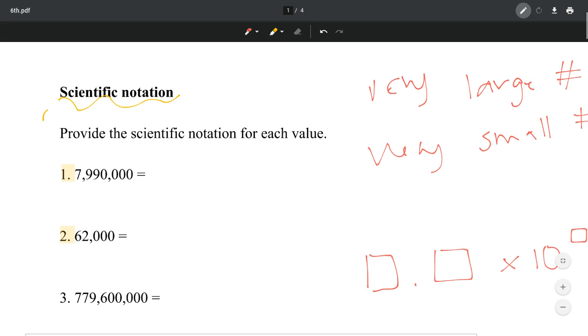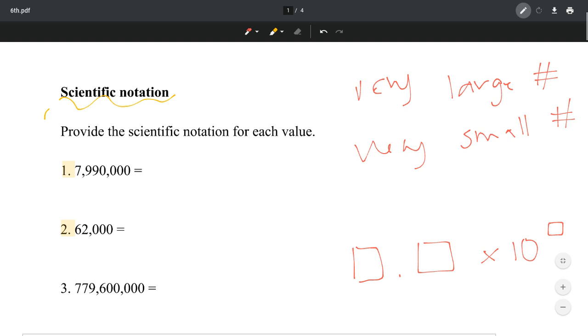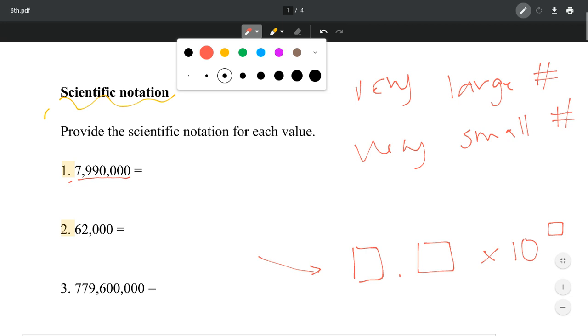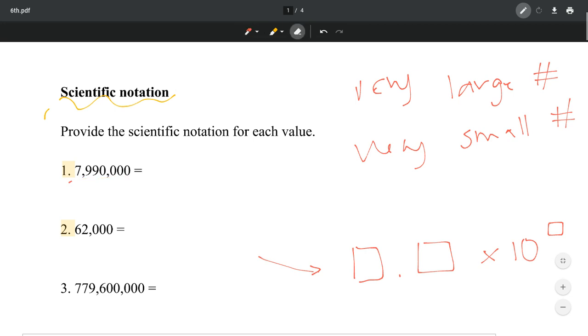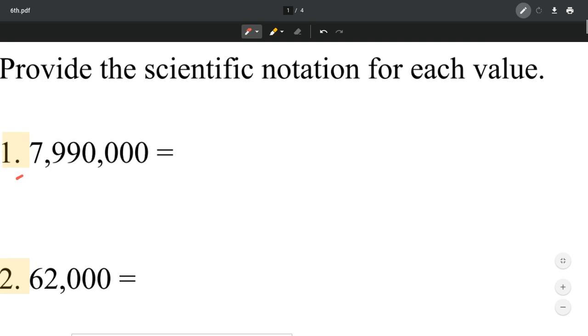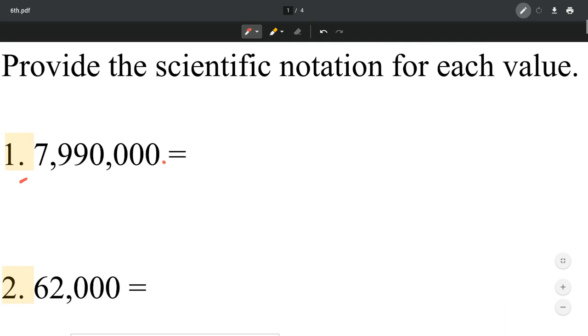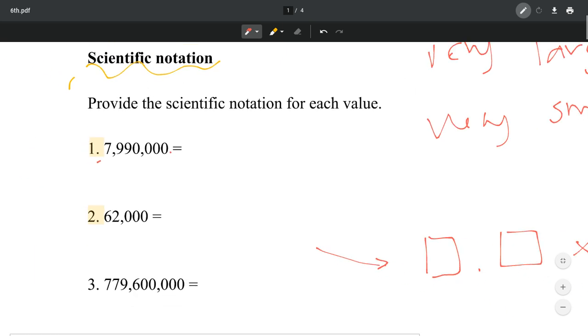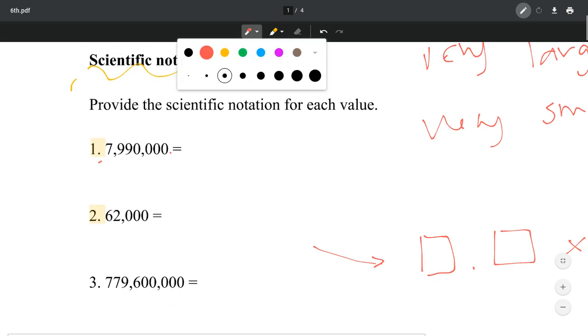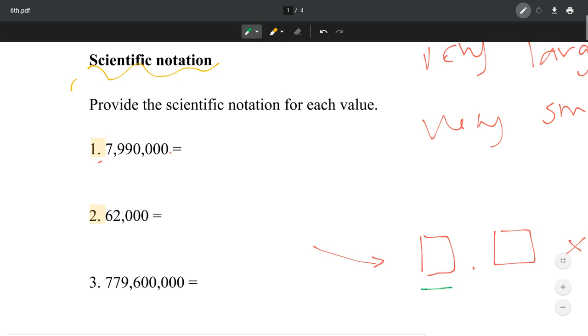Number 1. If we want to change this big number into this form, what should we do? We're going to move the decimal point. We know there's a decimal point at the end, and we want to move it so that the decimal point is in between the first digit and the second digit.